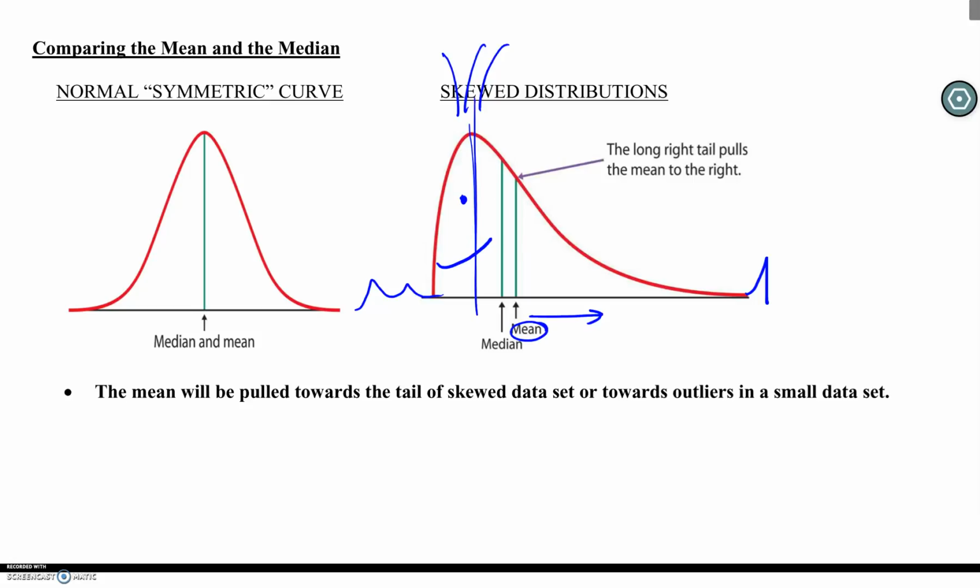This is not a guaranteed thing to happen. If you have a distribution that's skewed to the right, it is not completely and utterly guaranteed that the mean will be larger than the median, but it is the most likely thing or very common to happen. I note that because when I first taught this, it was the rule. And then I was working in my job and had a distribution that was skewed to the right, and that wasn't true.